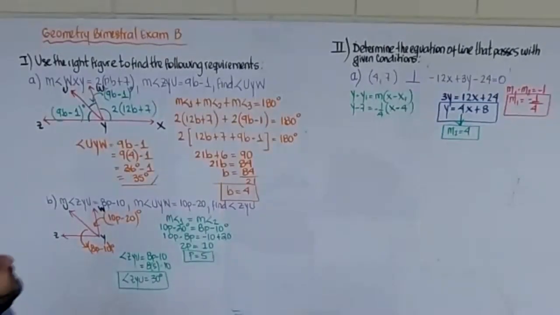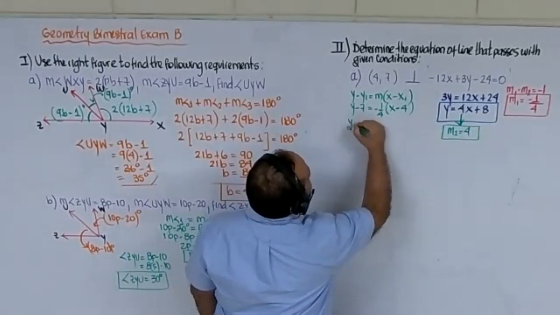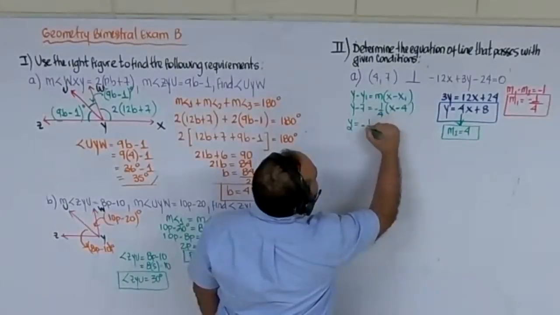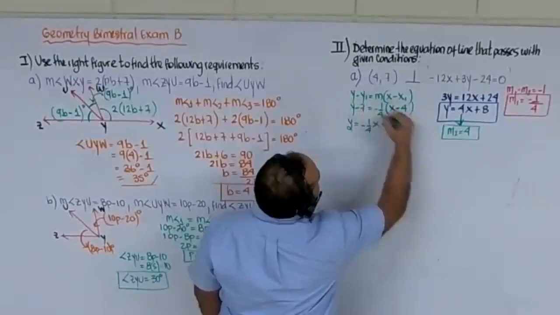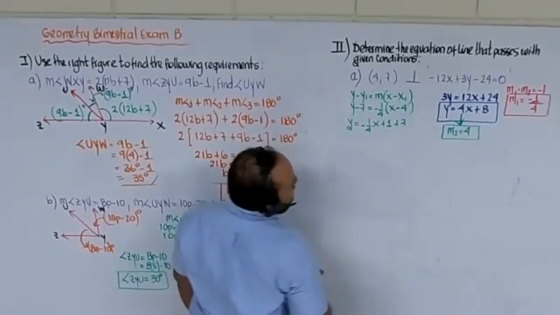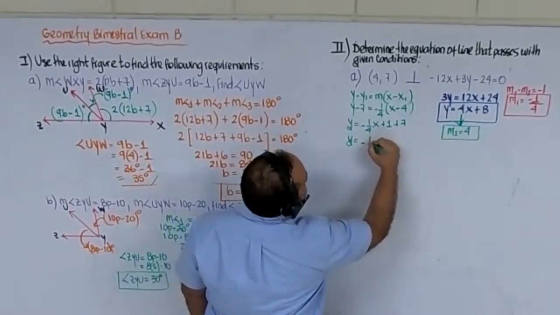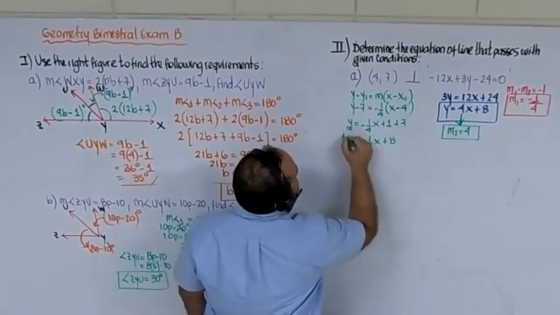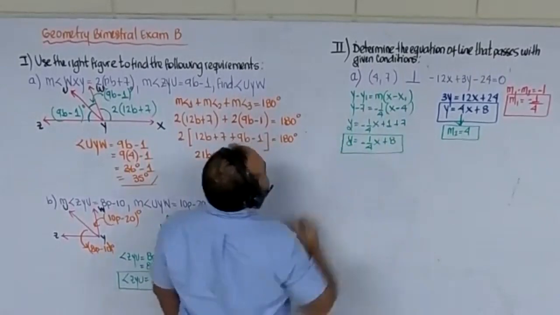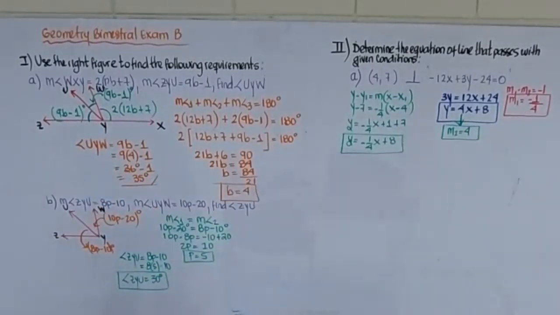We apply the distributive property and get y equals negative 1/4 x plus 1, plus 7. And the answer is y equals negative 1/4 x plus 8. This is the solution set for letter A in the bimestral exam.